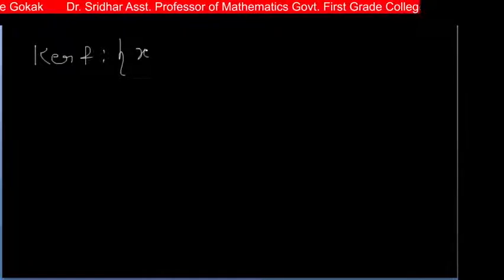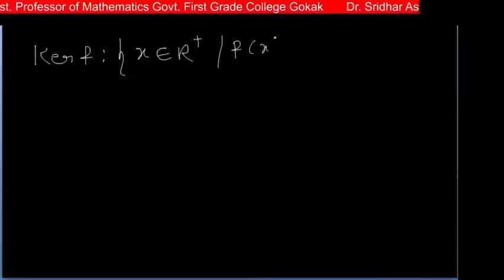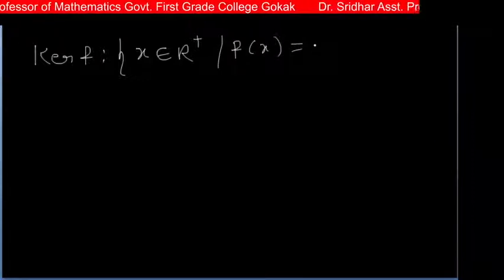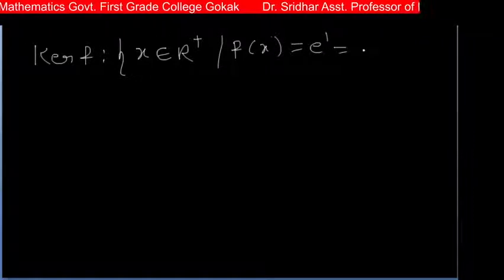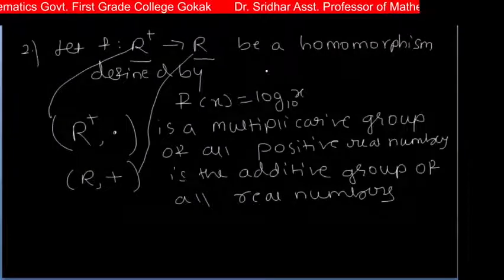Now here, the kernel of f, by definition, is the subset containing the elements which belong to R plus such that their images are equal to the identity element e dash. What does e dash mean here?